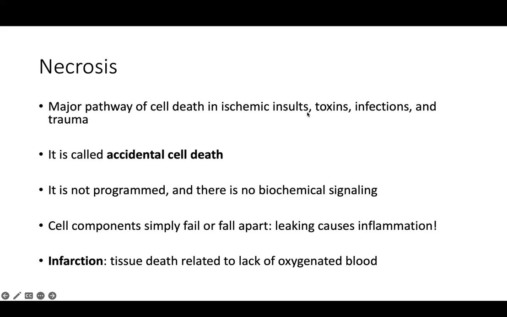But especially in ischemic insults, when there's lack of oxygenated blood supply, when those cells die, there's another term that we use for the tissue death as a result of a lack of oxygenated blood. And that term is infarction. So if the tissue has died because the blood supply wasn't good, we call it an infarction. While the blood supply is reduced and the cell's getting less oxygen, it's called ischemia. And then once those cells die, it's called infarction.